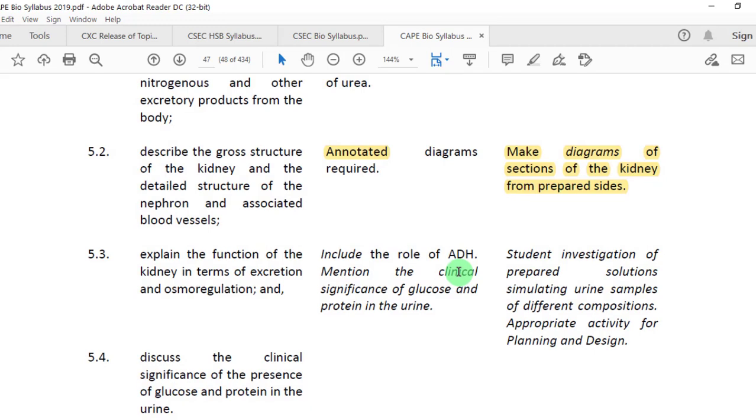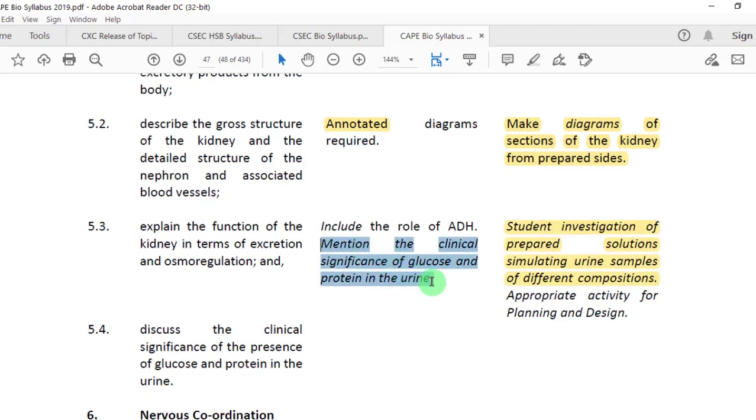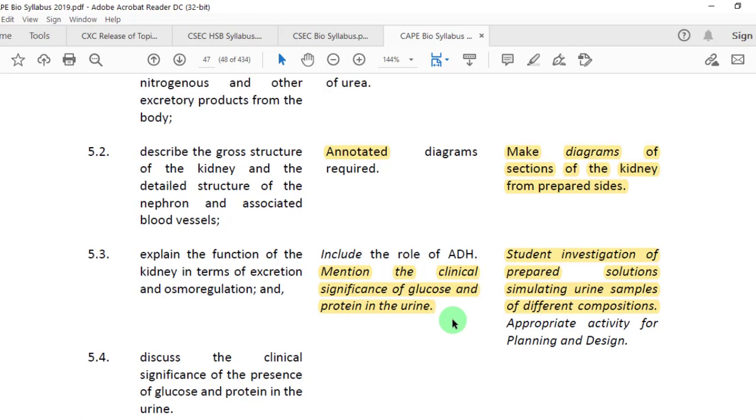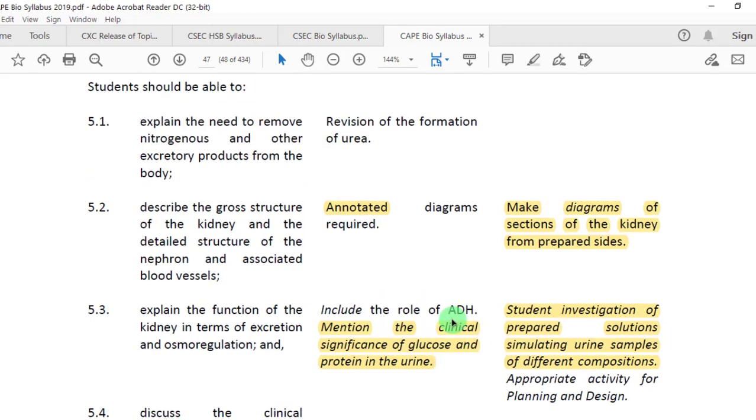That's where you label a diagram, but for every label, you add a short phrase describing some aspect of the structure that you're labeling, whether it's function or some detail about its structure. This here will be important. So those would be your areas of focus studying kidney for paper 3, yeah?